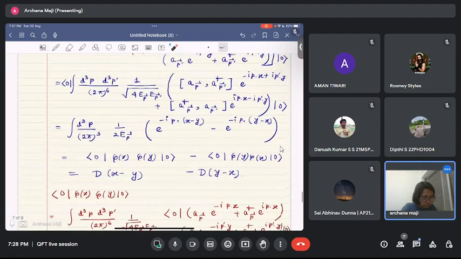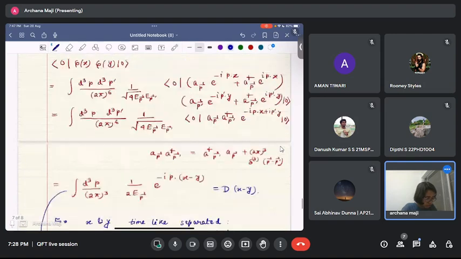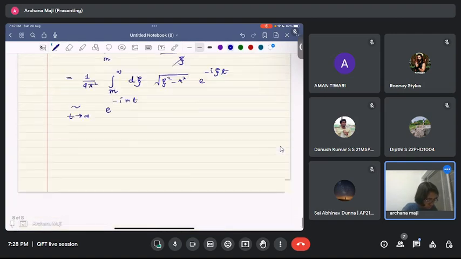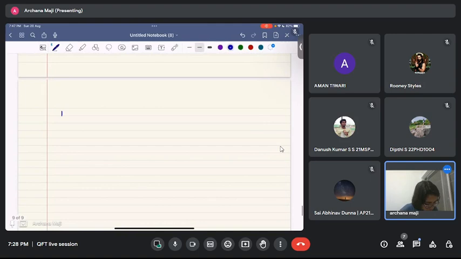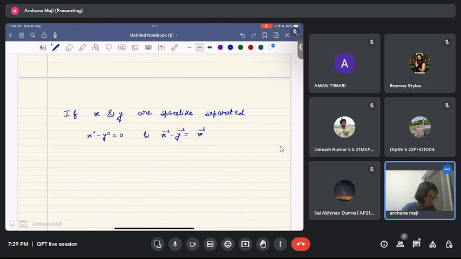But if these are space-like separated, let's see what happens. So again we make a particular choice, x^0 minus y^0 equal to 0, and x minus y equal to, let's say, some r vector.